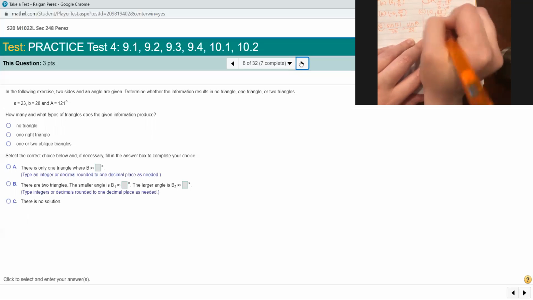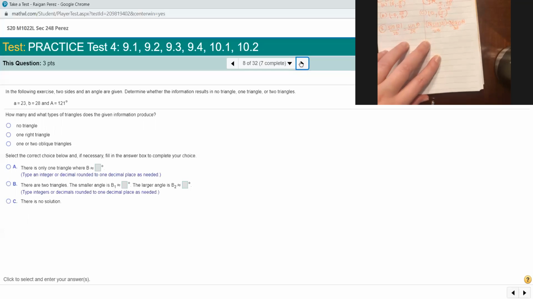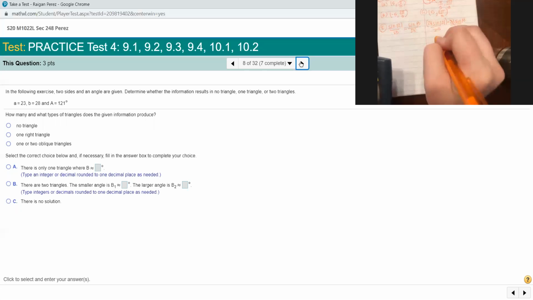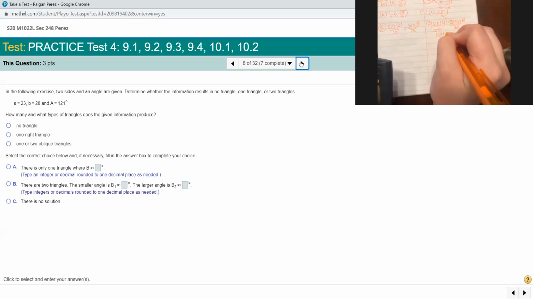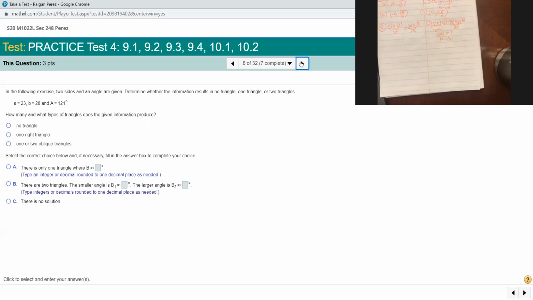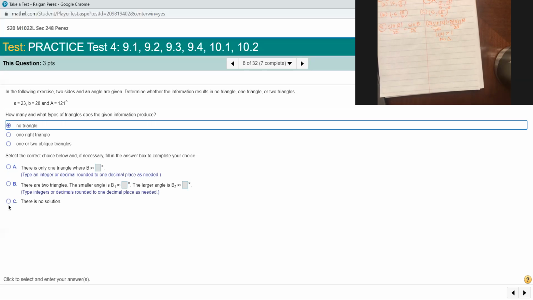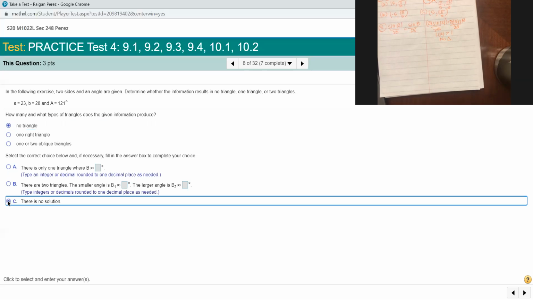So putting all this in your calculator, top half in parentheses. So 28 times sine of 121 divided by 23. And I got 1.01, which is bigger than 1, so that's no triangle. So you can click no triangle here and no solution for C.